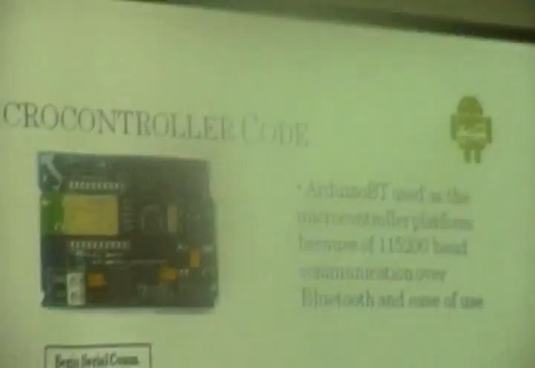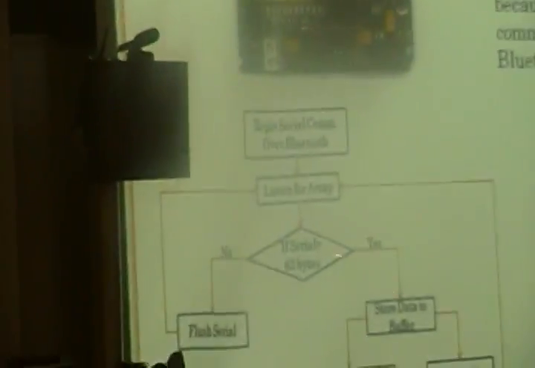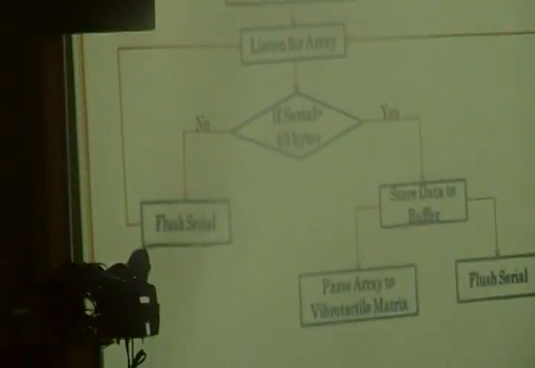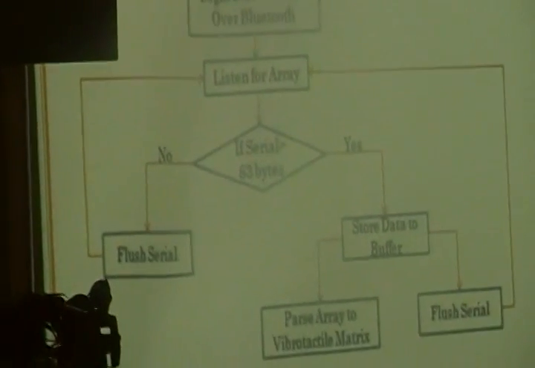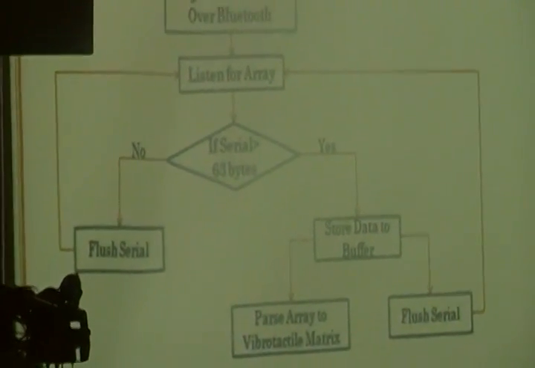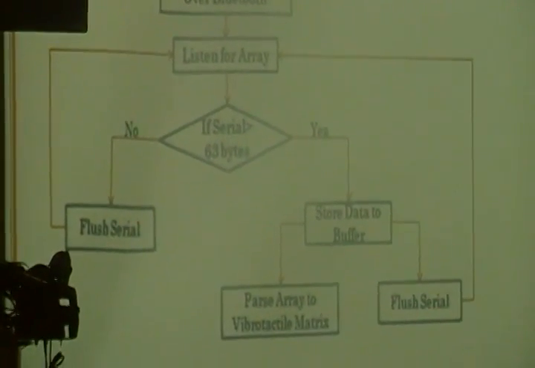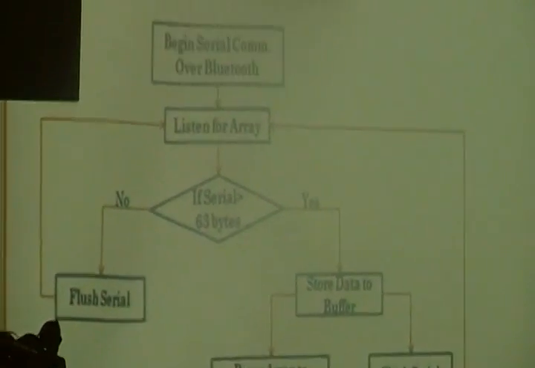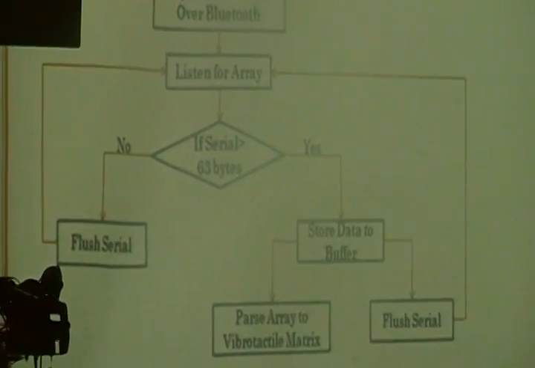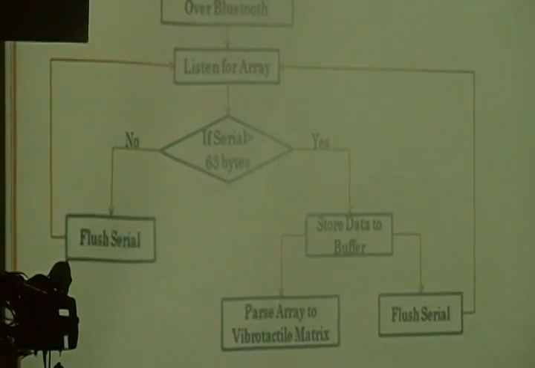Here you can see a flowchart for the code that we programmed into the microcontroller. It listens for an array. The values in the array correspond to intensity values given to our vibro motors.